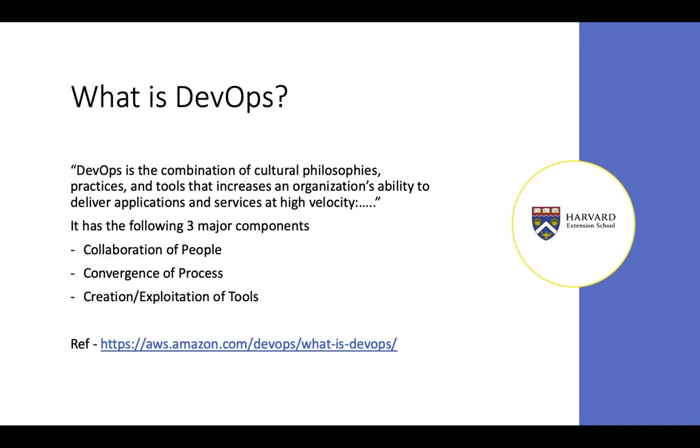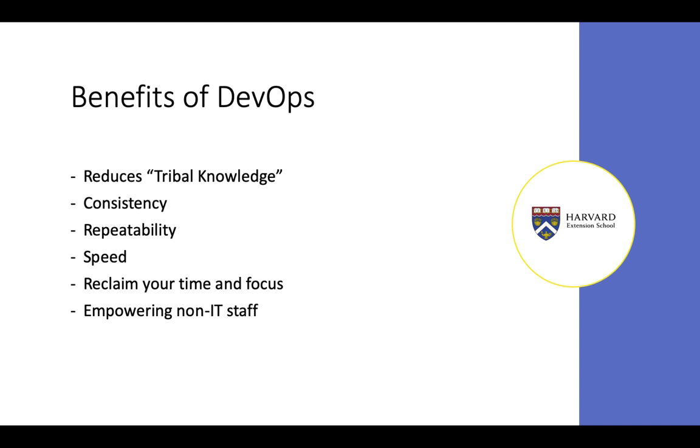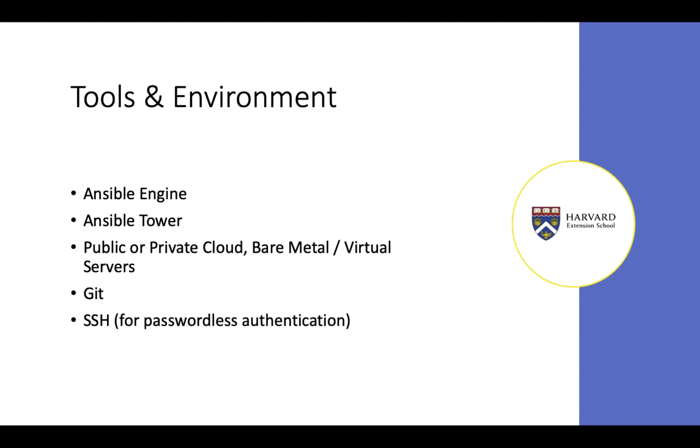That is where we're going to see various tools such as Terraform, Ansible, and so on and so forth. In my case, I'm taking Ansible. But before going to Ansible, let us see what are the benefits of DevOps. As we all know, the main thing is repeatability, speed, and consistency. That is what we are going to look into from an Ansible perspective.